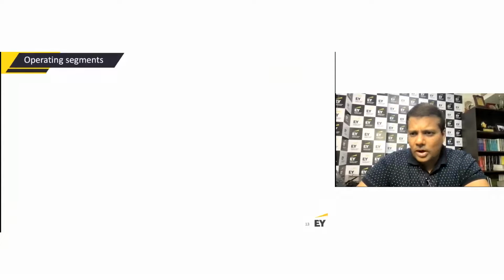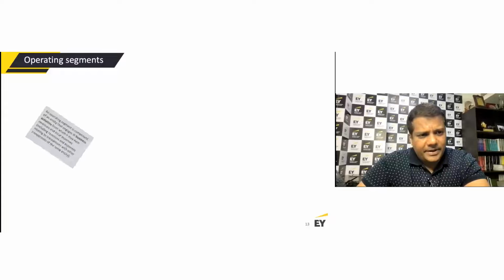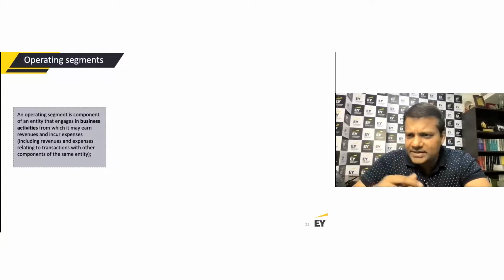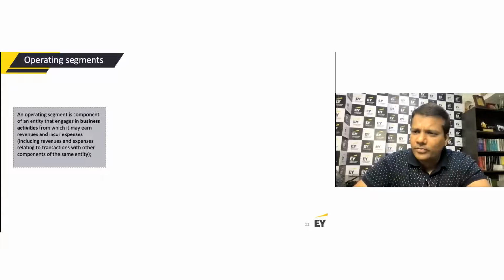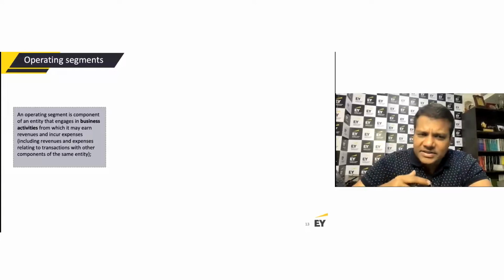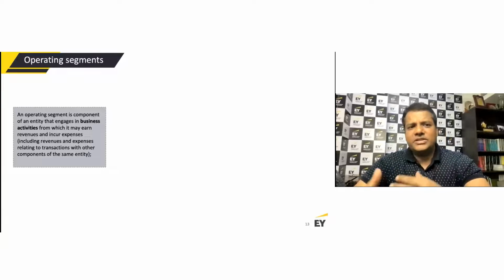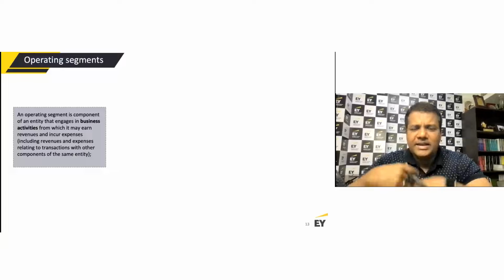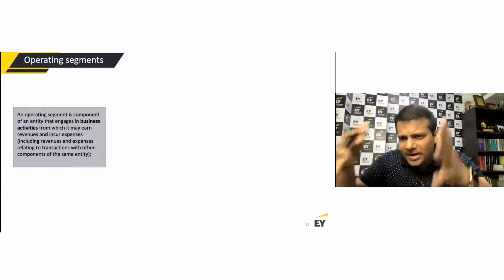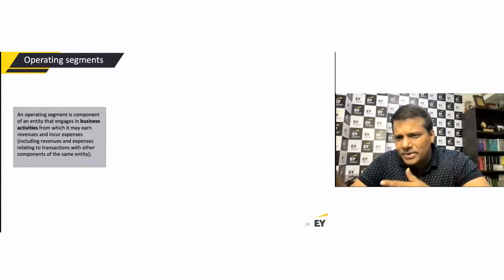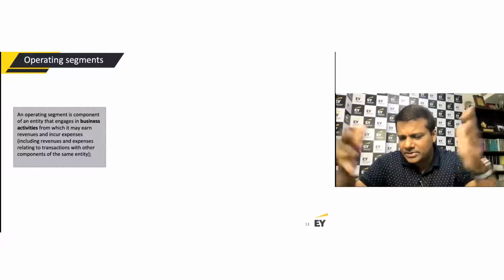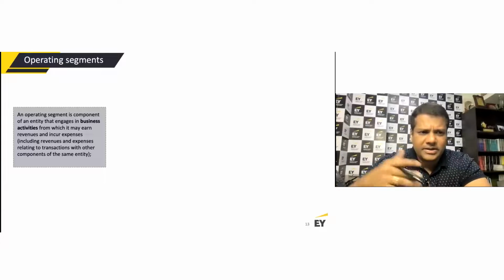So how do I identify the operating segment? An operating segment is a component of an entity that engages in business activity from which it may earn revenues and incur expenses, including revenues and expenses relating to transactions with other parts of the business. It's like a line of business where I earn revenues and incur expenses.